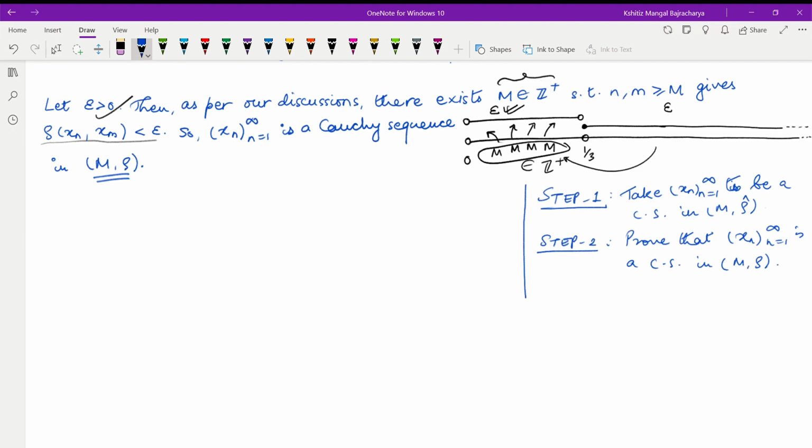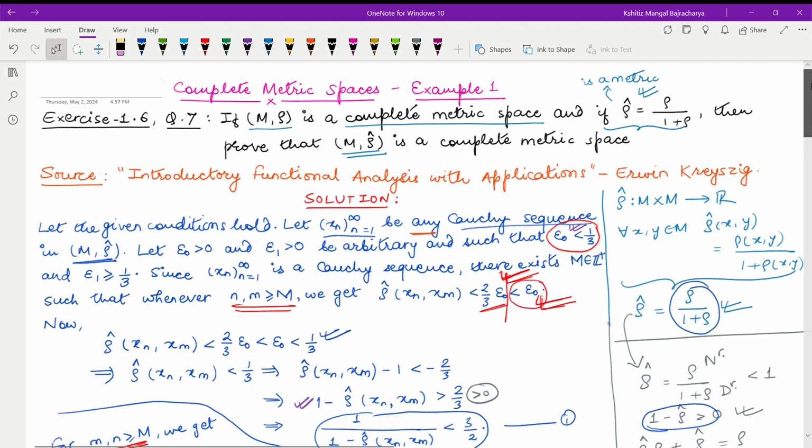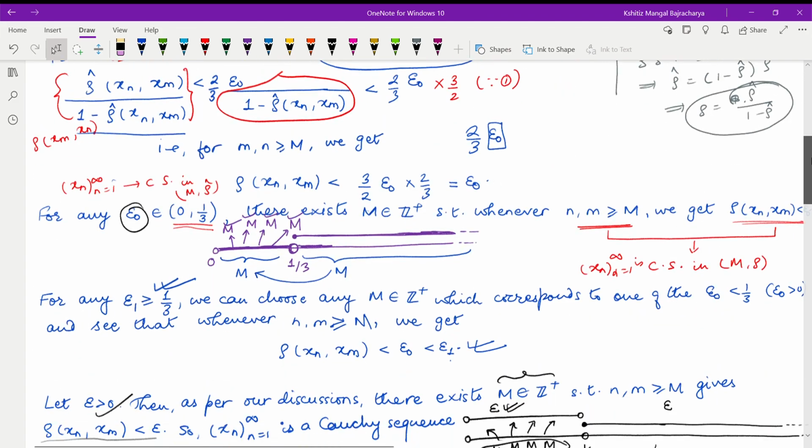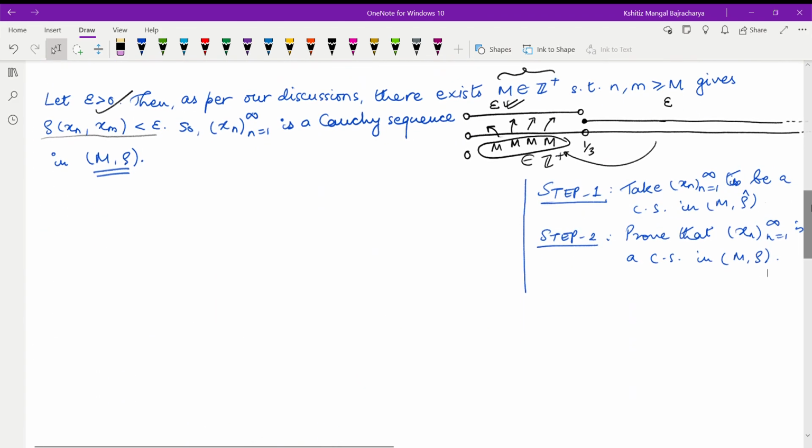Now let us go back to the given conditions. What did we have? We had that M rho is a complete metric space. Take any Cauchy sequence.